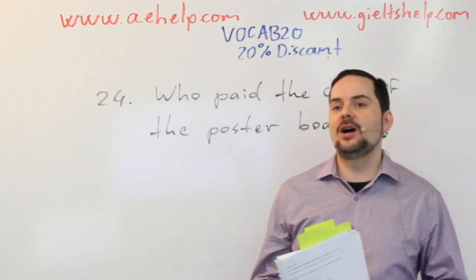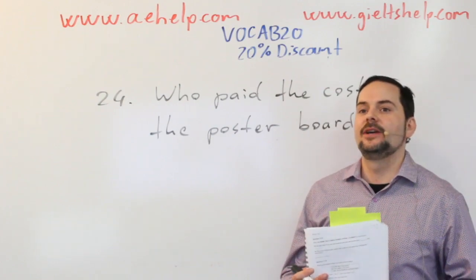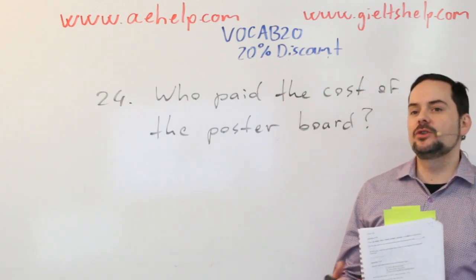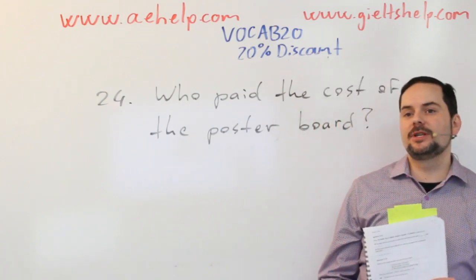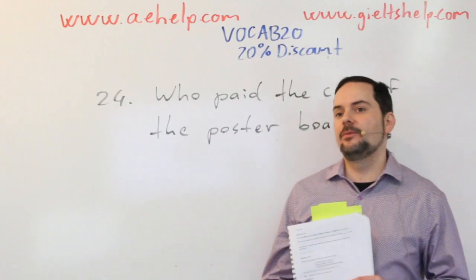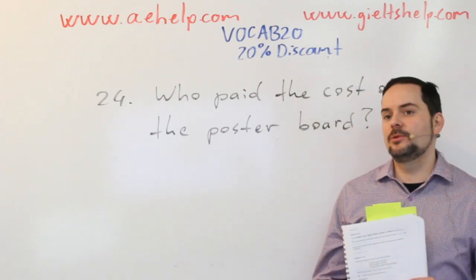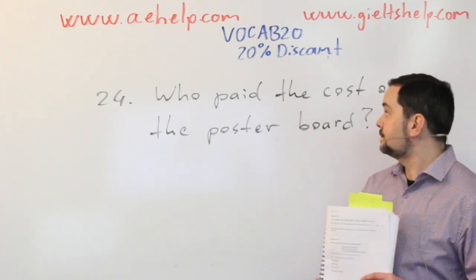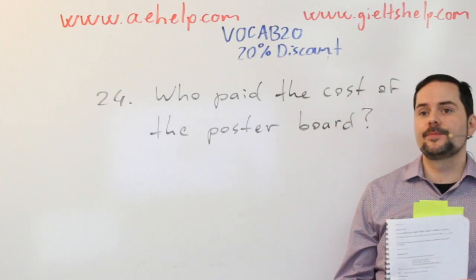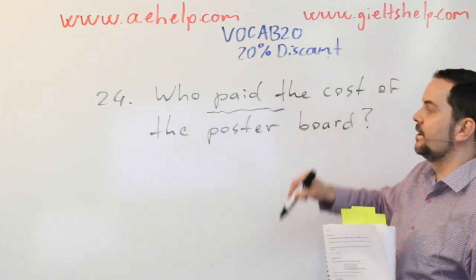Who paid the cost of the poster board? What is another way you might actually see this? Who will fund it? It's okay, Nari, but it's not too natural. It's unlikely that that will be the way it's paraphrased. Who spent the money for the poster board? That's better. Yep, that might be something. What's another way to say paid here?